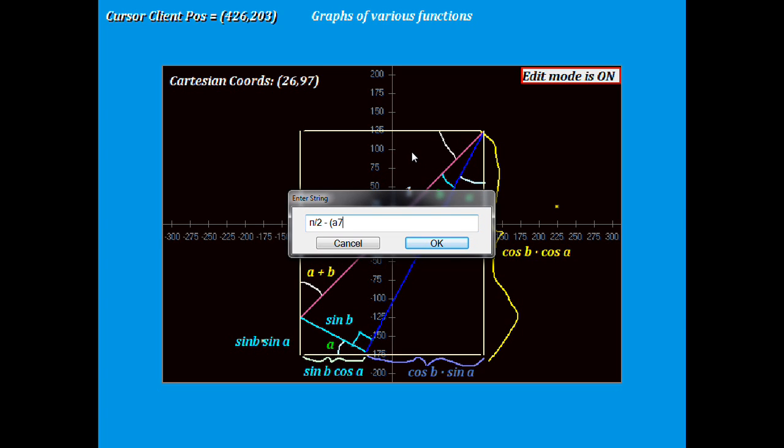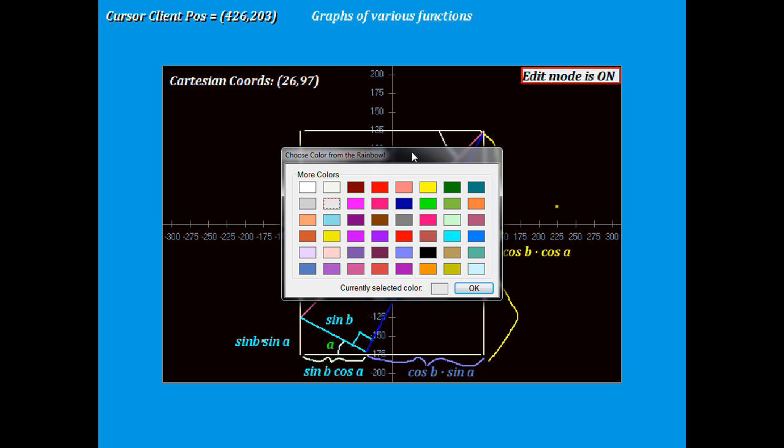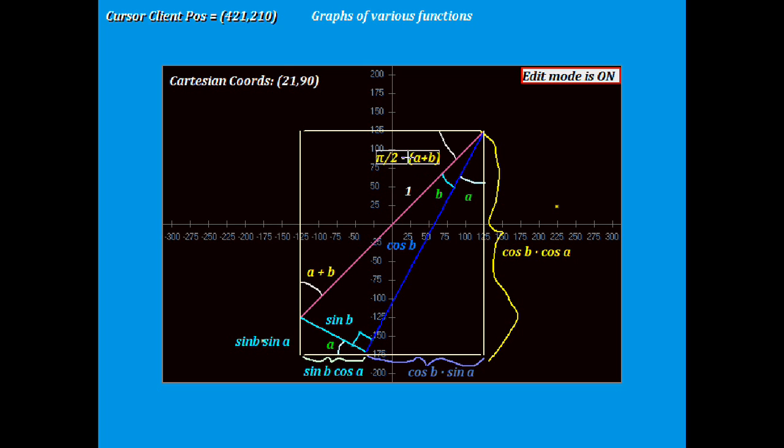And the sum of these two angles has to be pi over 2, so therefore this has to cancel that one, so this is a plus b. Okay?